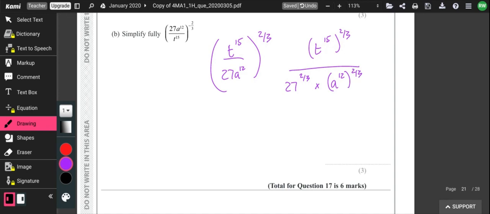Okay, so 15 times 2/3 is going to be 10, t to the 10, over 27 to the 2/3 is going to be the cube root of that squared, which is 9, and 12 times 2/3 is going to be 8, so a to the 8, like that.